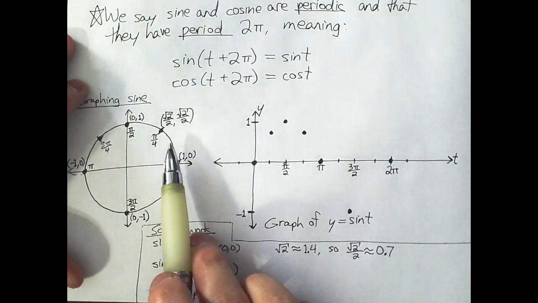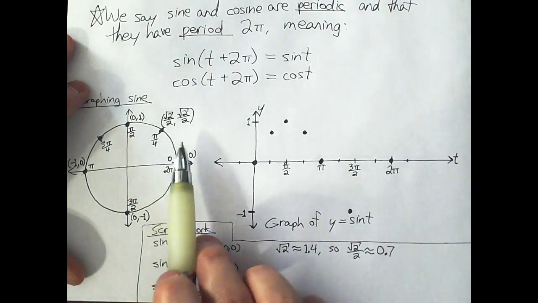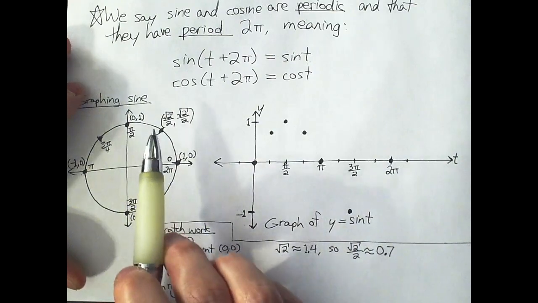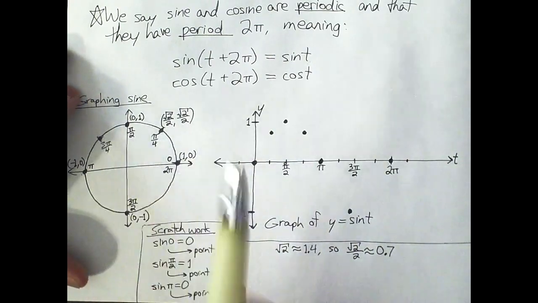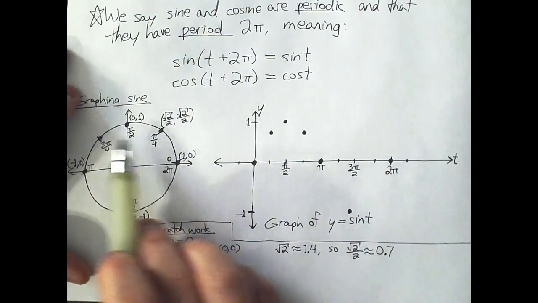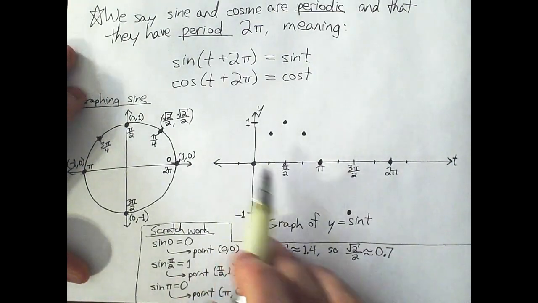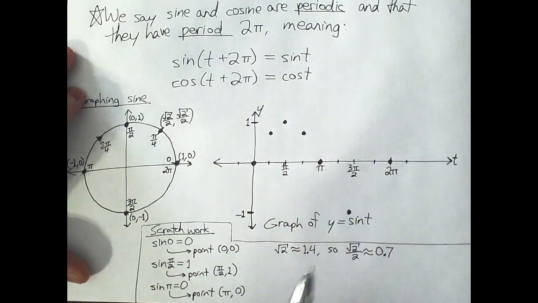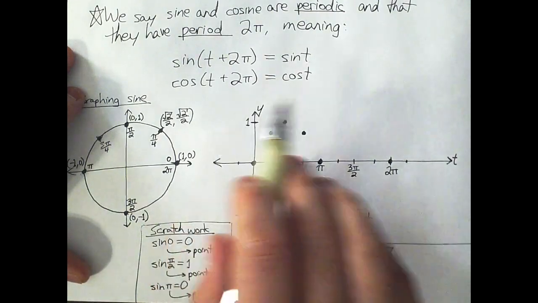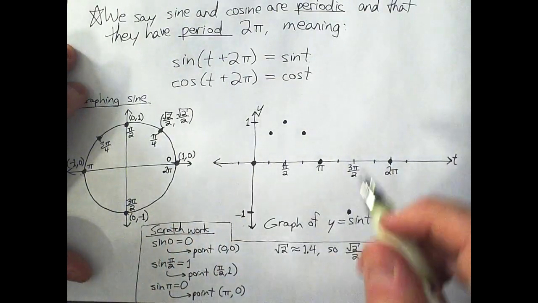There's also in between ones. We could look at t equals pi over 3, pi over 6, 2 pi over 3, right? You could come up with other points to start filling this in more. But what I'm planning to do is just get a couple more points on this, and then I'll show you how the points are all connected.